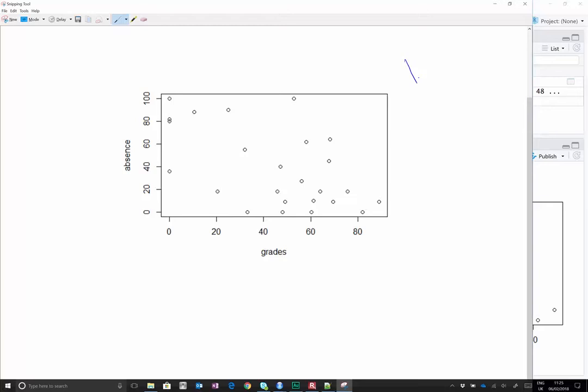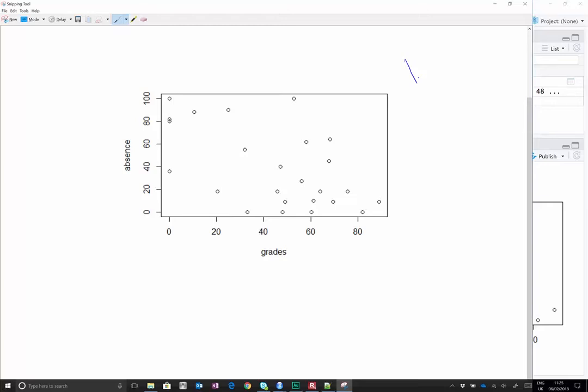So, try to draw a line that you think represents what's going on. If it tries to create some sort of prediction of the model, how would we draw that line? You want the line to be basically as close to all the dots as possible.